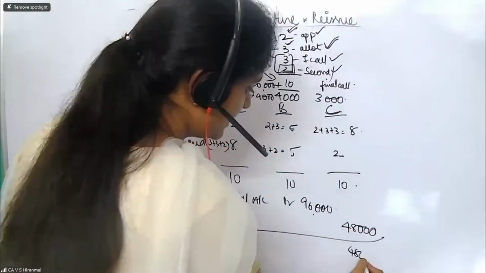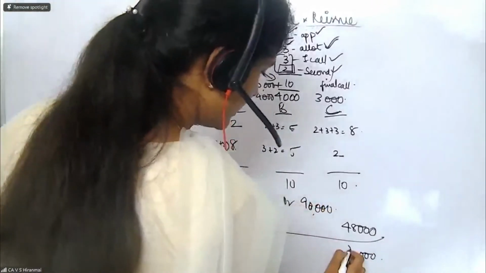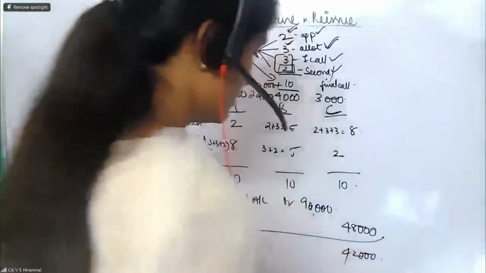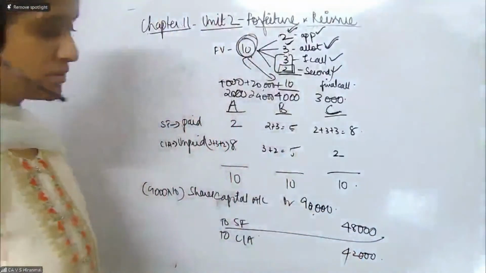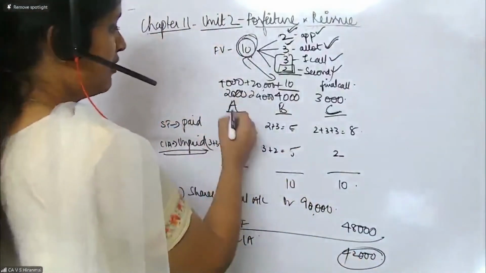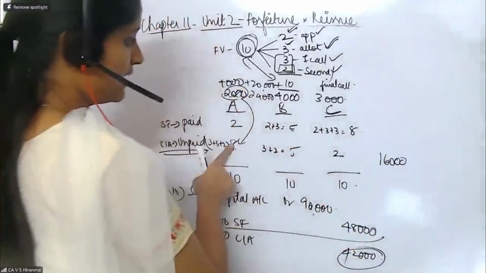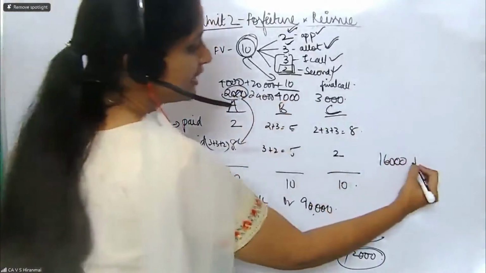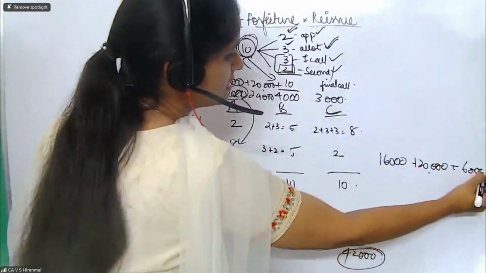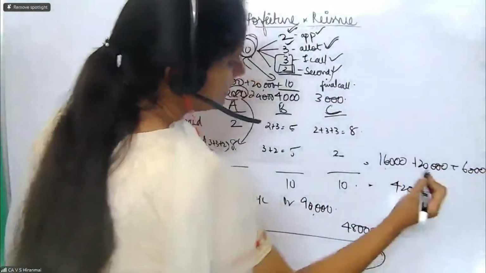Unpaid, I mean, not 48,000, not 32,000, it comes to 42,000. Madam, how did you arrive at this? You can do it here also. How much is unpaid? For 2000 shares, 8 is unpaid, so 16,000, 2000 shares into 8. Then 4000 shares into 5, 20,000, plus 3000 shares into 2, 6,000. So it will be 36 plus 6, 42,000 is unpaid.